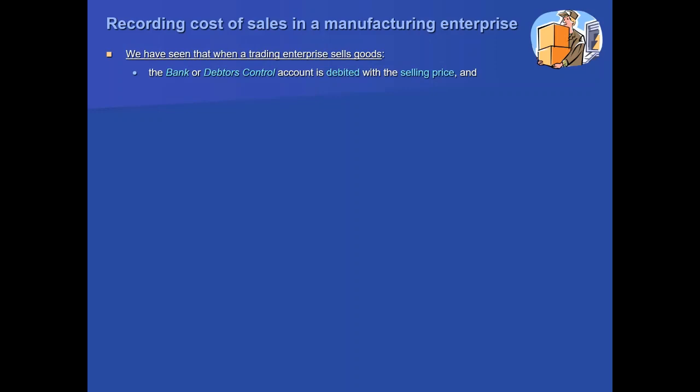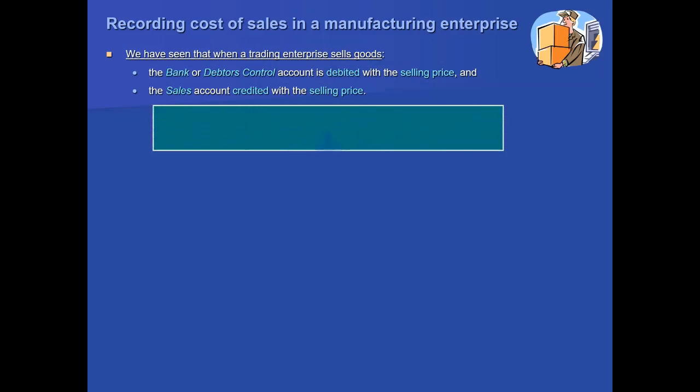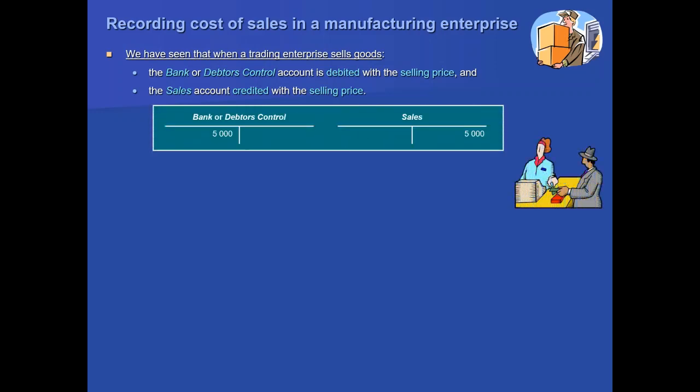Because we either receive money, which is an asset, and assets increase on the debit side, or money is owed to us, which is also an asset, and assets increase on the debit side. The sales account, our income account, is credited with the selling price. So we debit bank or debtors control, credit sales.